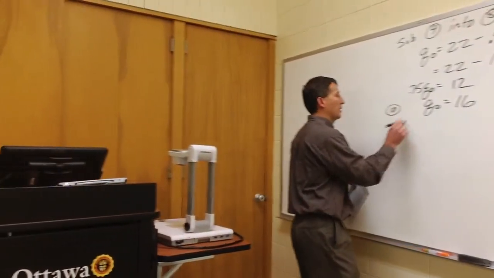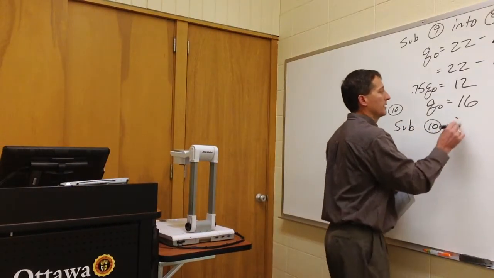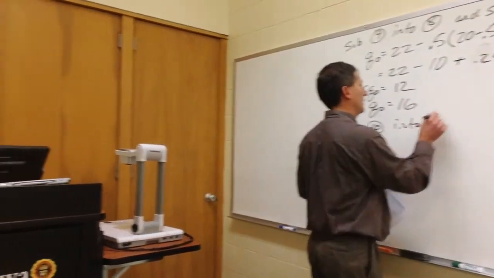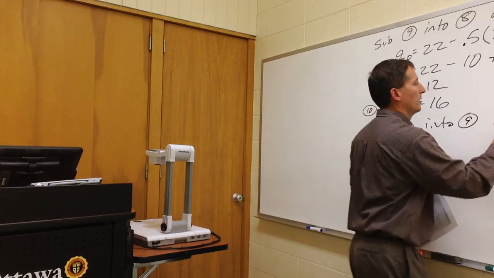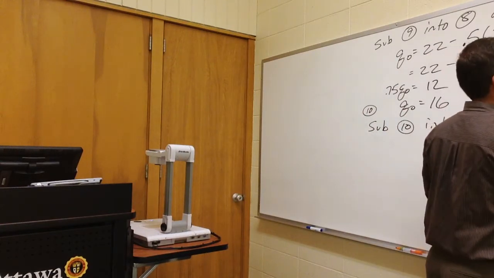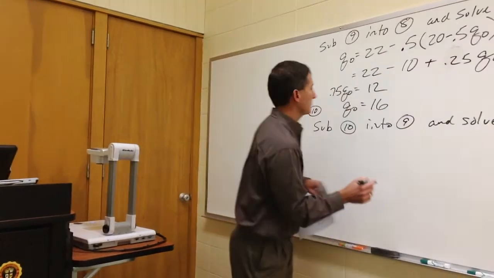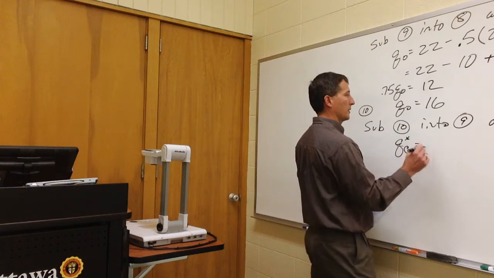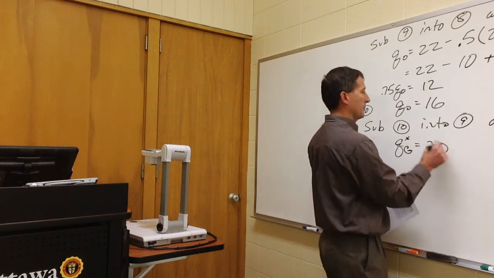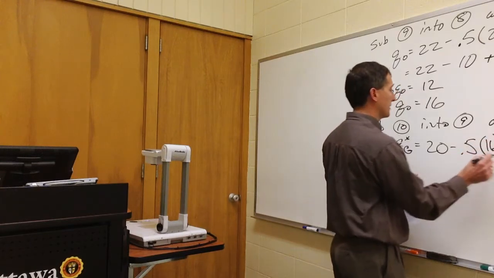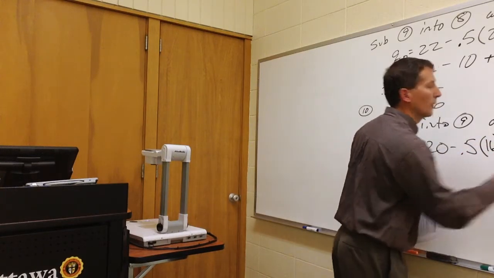So sub 10 into 9 and solve for QG. And so QG star equals 20 minus 1/2 of 16 is 8. 20 minus 8 equals 12.